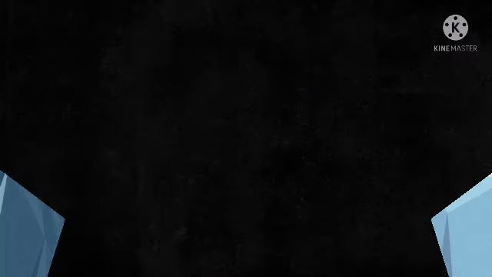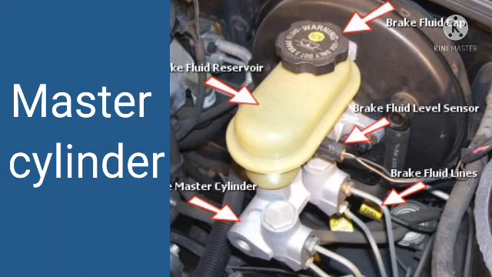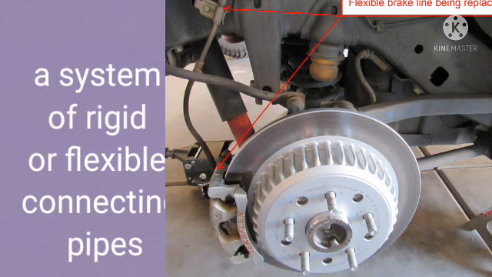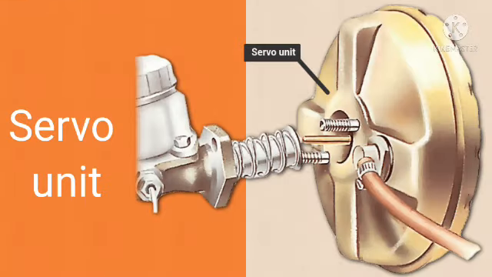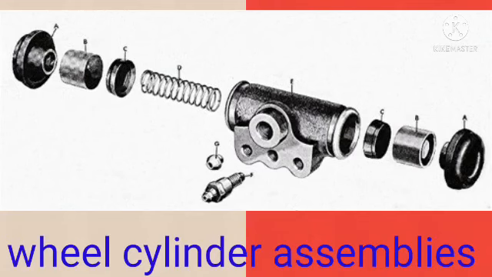The primary hydraulic braking system consists of a fluid tank or reservoir, a master cylinder, a system of rigid and flexible connecting pipes, a servo unit, and wheel cylinder assemblies.